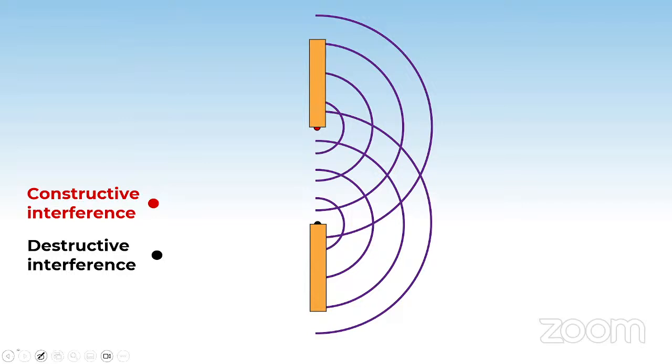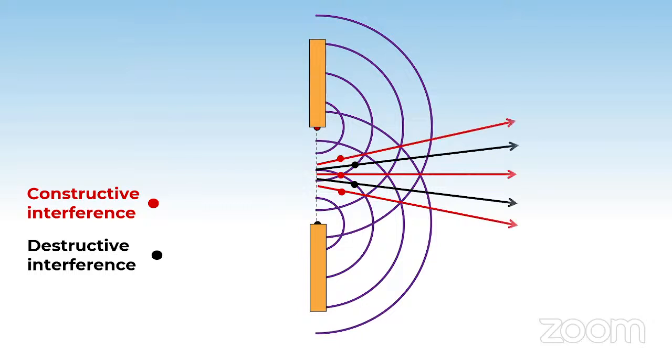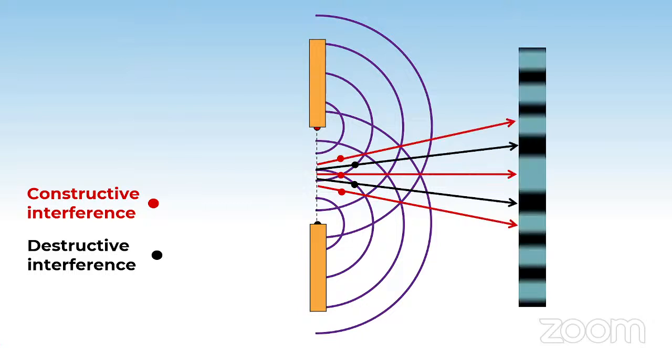Clear हुआ? Same will be happening here because wavefront is the only thing which is traveling along. So the red point denotes what? Constructive interference, and the black point denotes the destructive interference. Okay. And this is how you are getting the pattern. Got it? Clear हुआ?